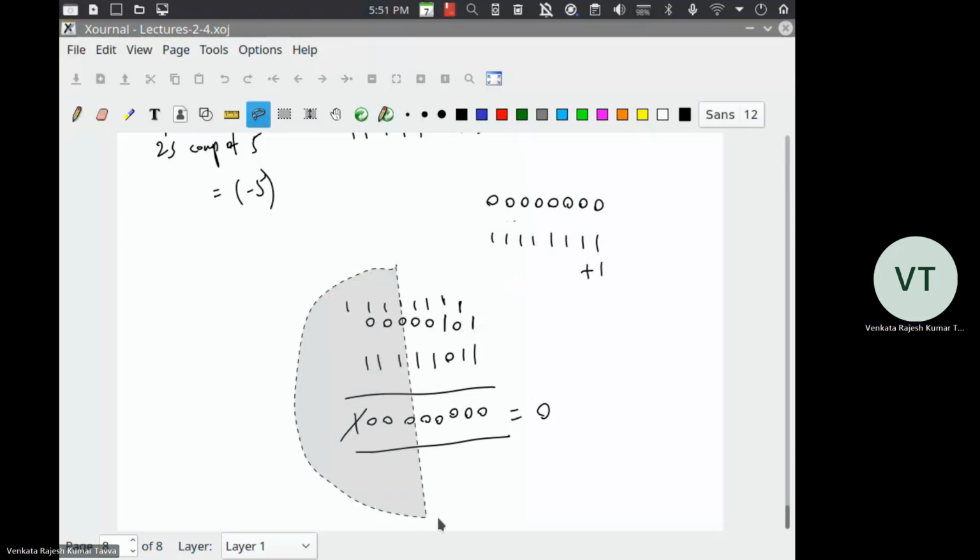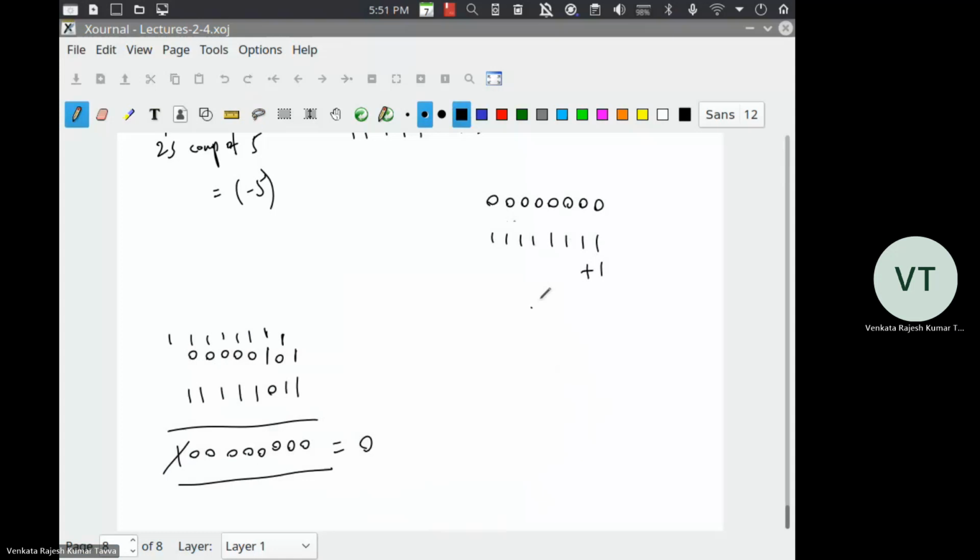What will you get? 1 0, again 1. This will be 1 0, 1 0, 1, 1 carry, and so on, right? You will get all zeros here and ones here and 1 carry here. That will come here. Ignore this. What are you getting?